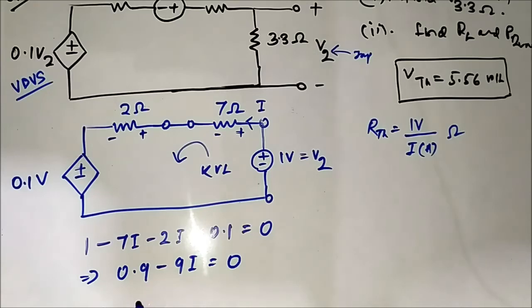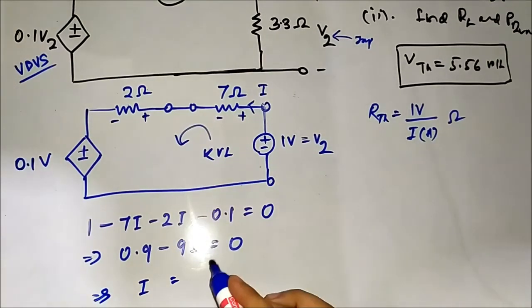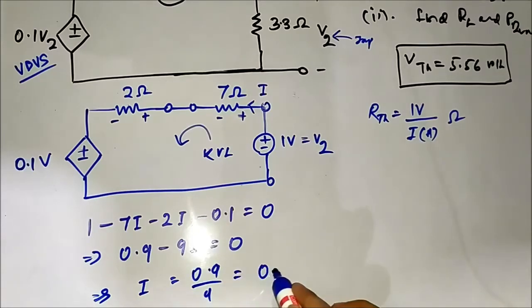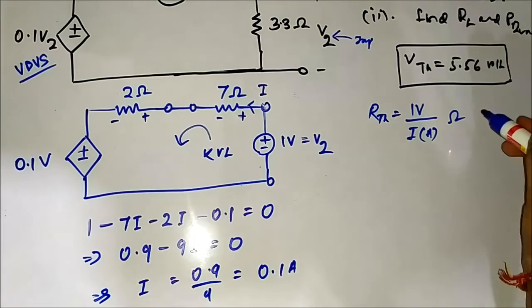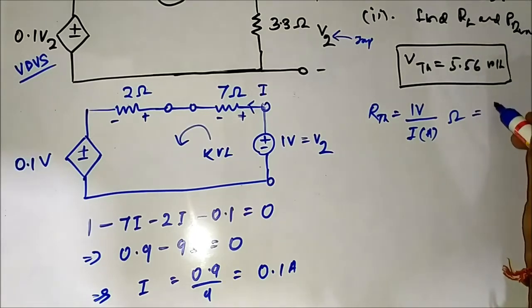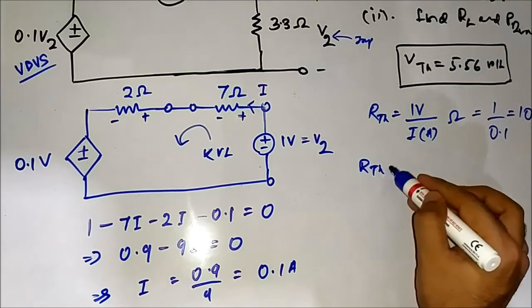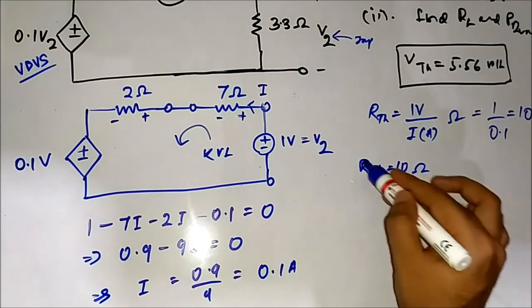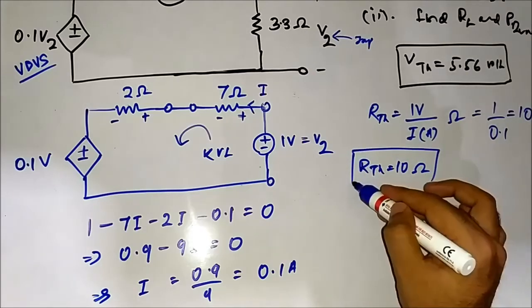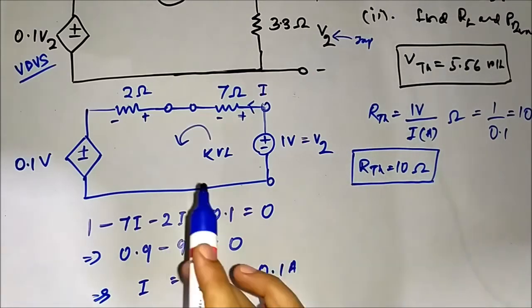That implies I is equal to 0.9 by 9, which is equal to 0.1 ampere. RTH is equal to 1 by I, which is 1 by 0.1, which is equal to 10 ohm. So RTH we have got is equal to 10 ohm. So you have got both VTH and RTH.